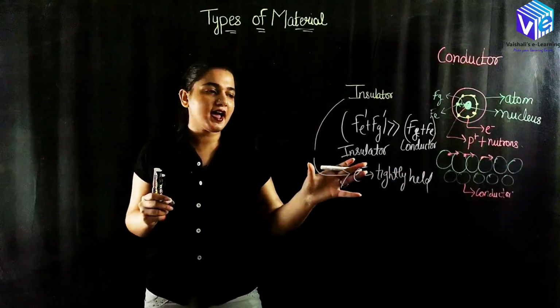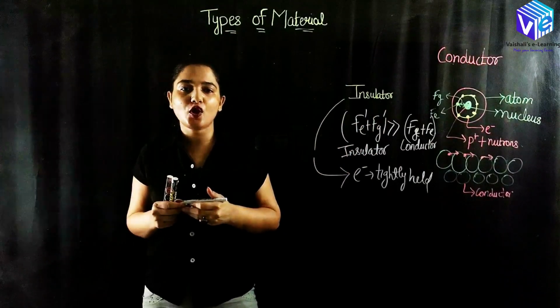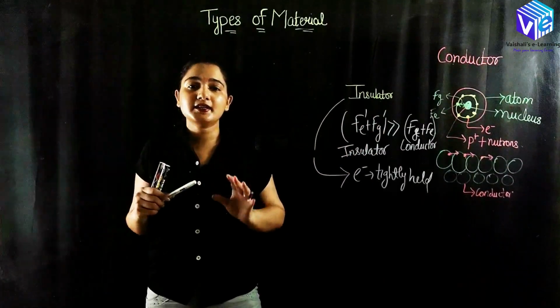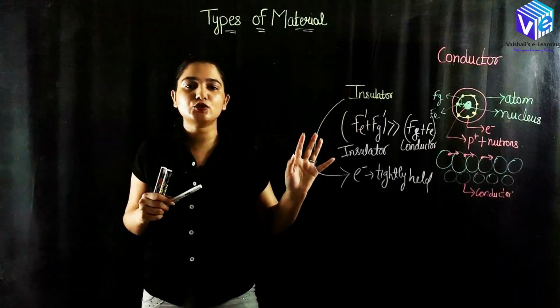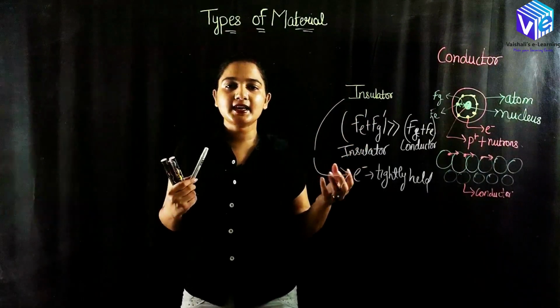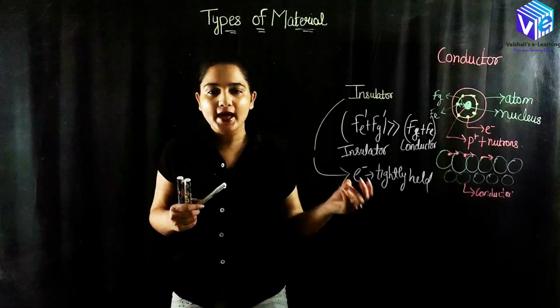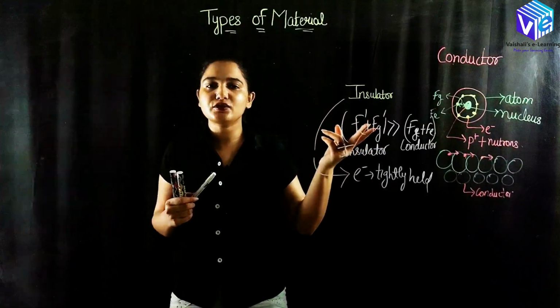Now if I have to classify them in terms of resistivity, there is a very high resistivity in the case of insulators, or I can say the conductivity is very low in the case of insulators.